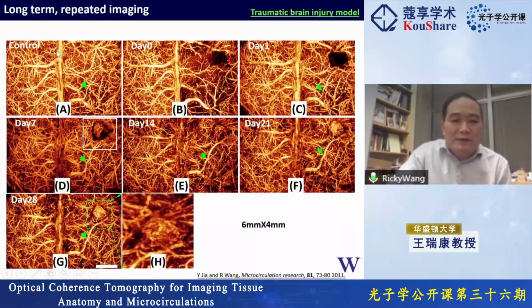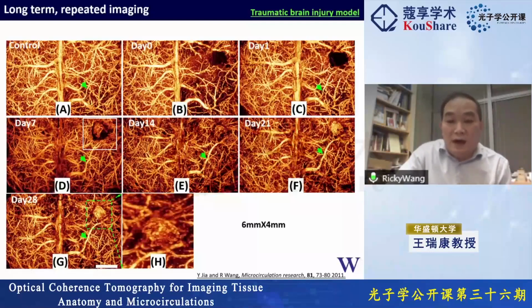Then after this image, you make an injury over here, and right after the injury, you do the imaging using OCT. You can clearly see the injury part over here, and also you see the ischemia happening in this part of the brain. Then you scan at day 1 and day 7 and so on, up to 4 weeks.